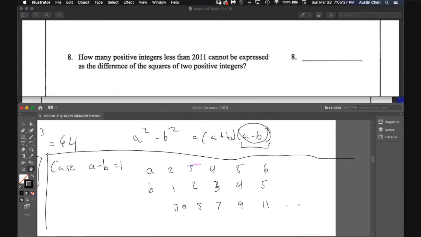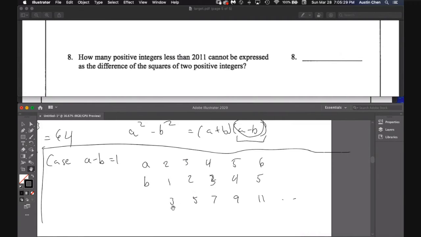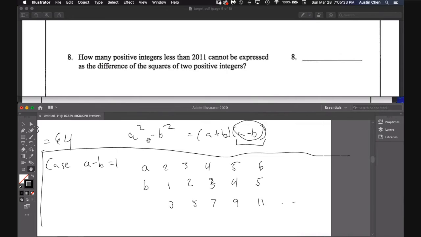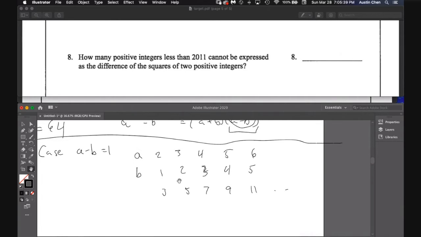This is telling us that it's possible to represent 3, 5, 7, and so on as a difference of two positive integer squares. And since these terms increase by 2 each step, all of the odd numbers starting with 3 are going to be covered.